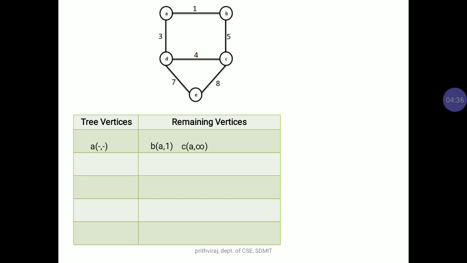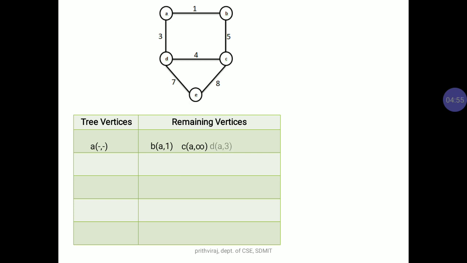The next vertex is C, but there is no direct connection from A to C, so we write C of A with weight infinity, which means we don't know the exact weight.